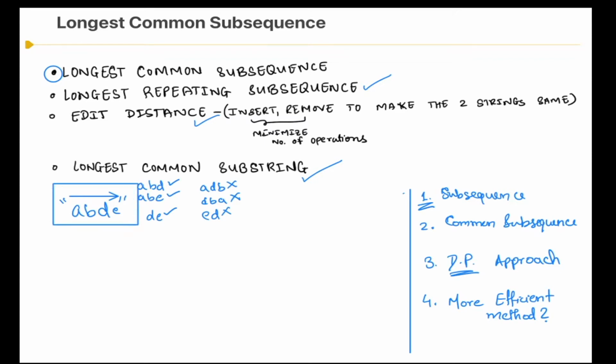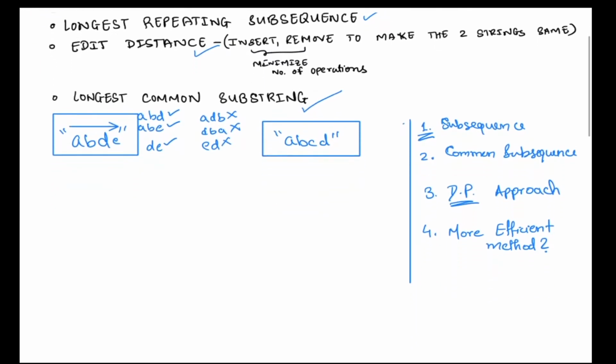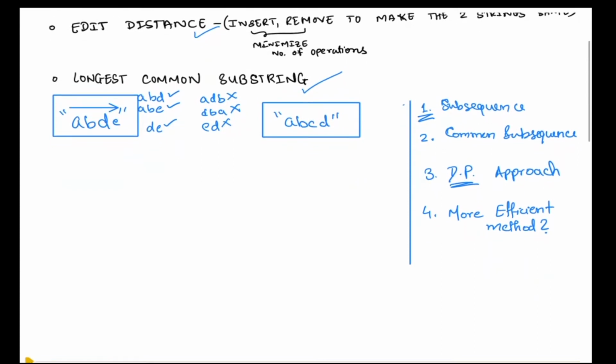Now if ABDE is a string or sequence, and another sequence we have is ABCD, and I'm supposed to list out all the possible subsequences of these two sequences, maybe I can look into what are the common subsequences we have. And once I can look into the common subsequences we have, I can point out the longest among them.